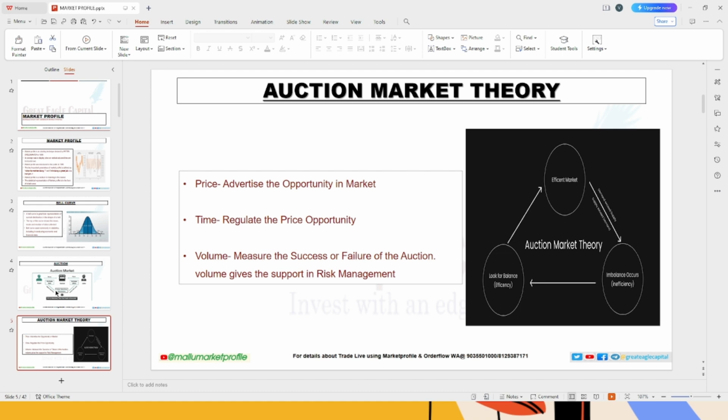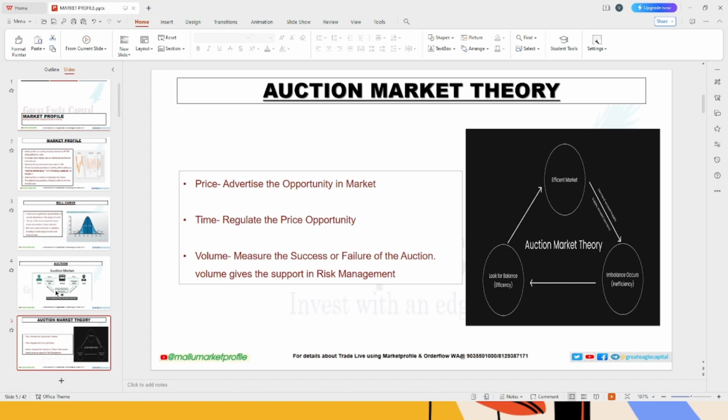So there is no trading opportunity in the world market also. So time regulates the price opportunity. If some price is there, but you want to take part in the opportunity, the time has to support you. If no market is happening, how can you buy the price? This is how time regulates the opportunity.